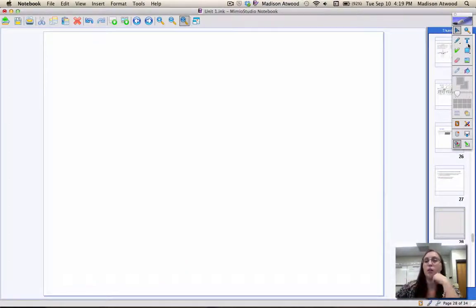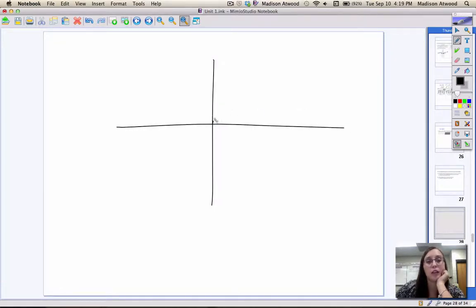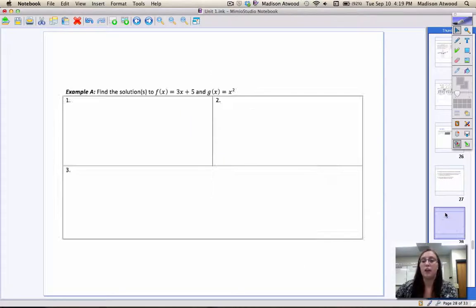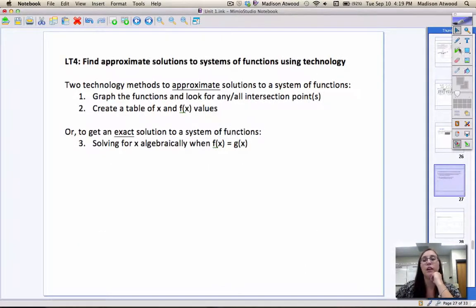Or we could do any number of combinations. So we could do like a square root function with a parabola, which would have one solution. Or we could do an absolute value and a cube root function.